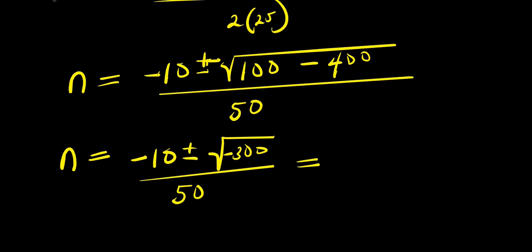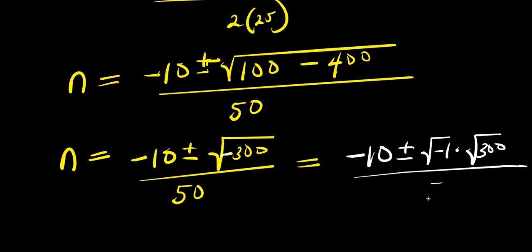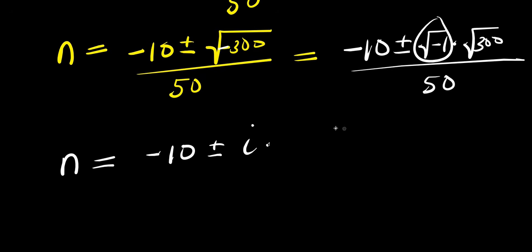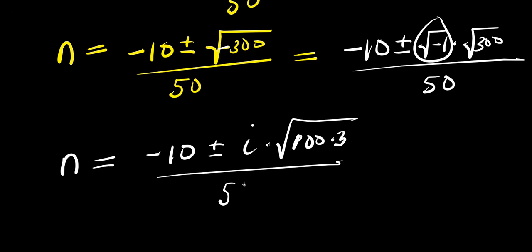And this equals, we can have -10 plus or minus, there's minus here, we can have square root of -1 times square root of 300 divided by 50. So from here, I can have n equals -10 plus or minus square root of -1, which is i, times square root of 300, we can express it as 100 times 3, divided by 50.